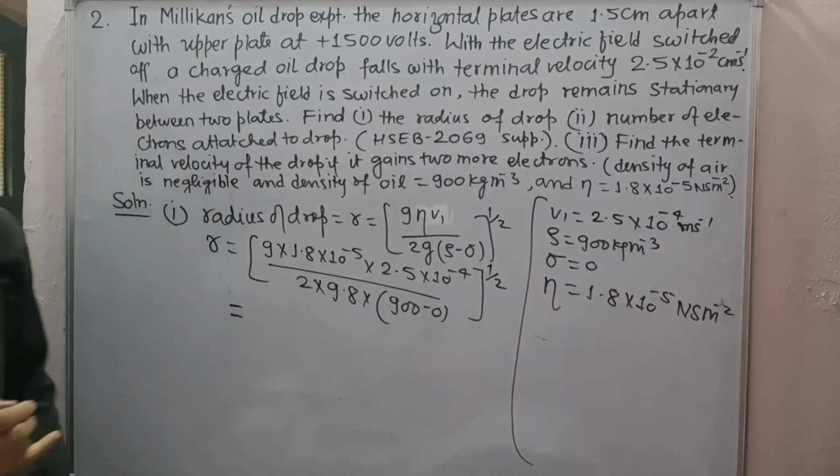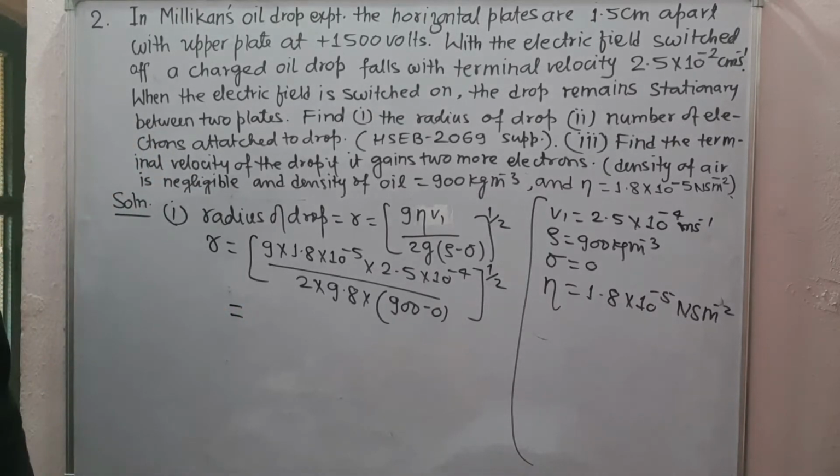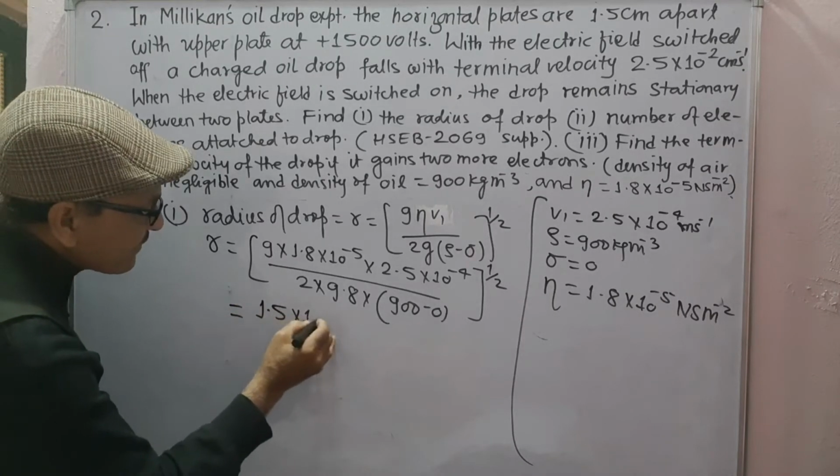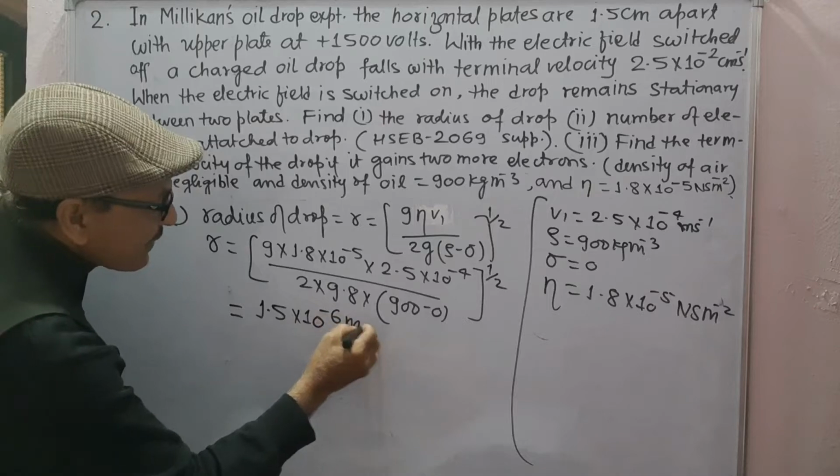On simplification we get the radius of the drop as 1.5 x 10^-6 meter.